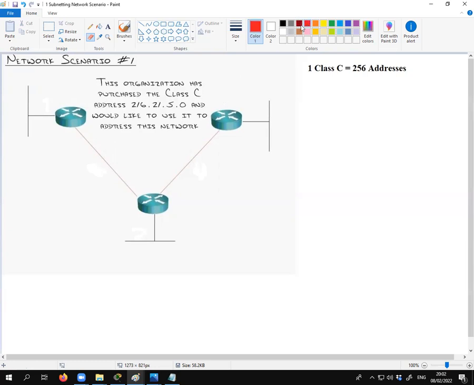Not one. Remember, every interface on a router is a member of a separate network. So you've got one here, 2 here, 3, 4, 5. These are LANs.